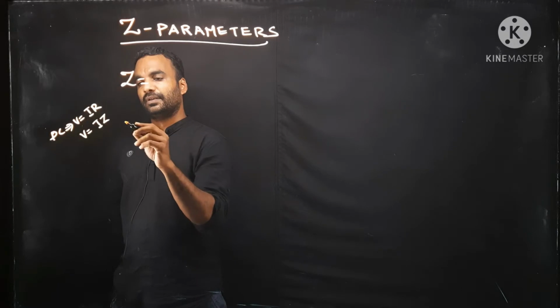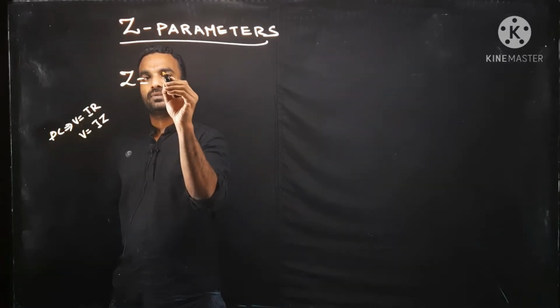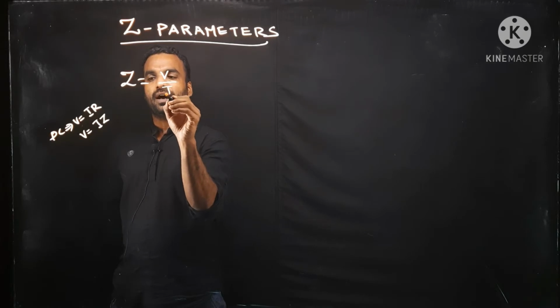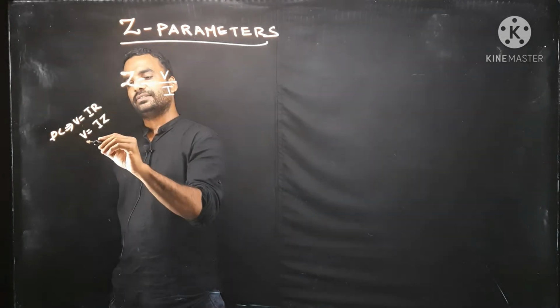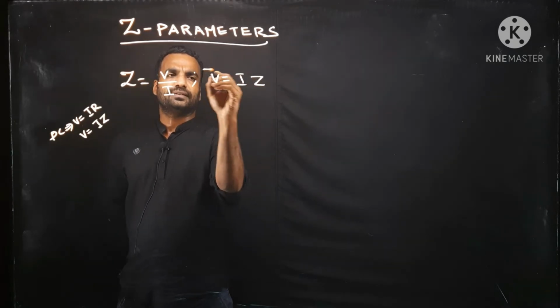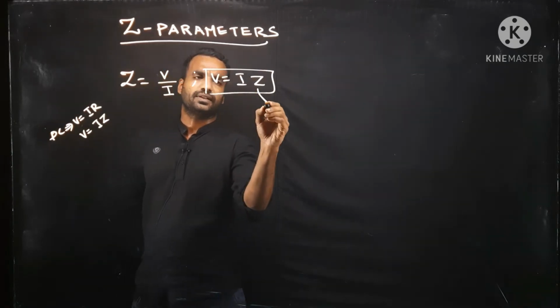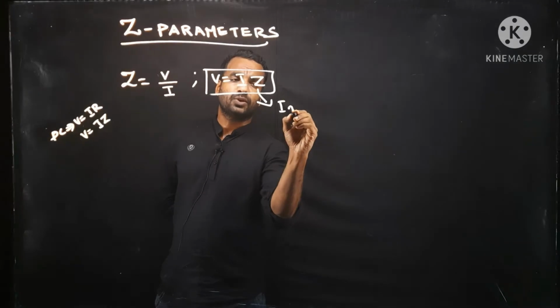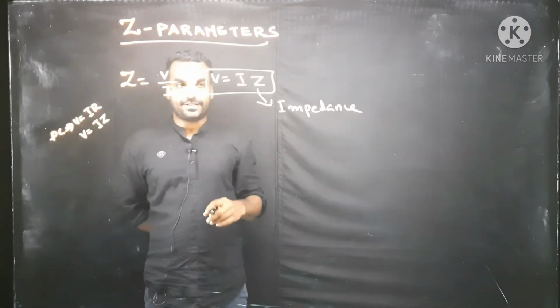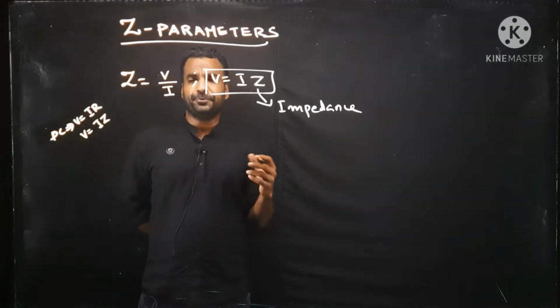So Z is generally V by I, or V is equal to IZ, where Z is impedance.